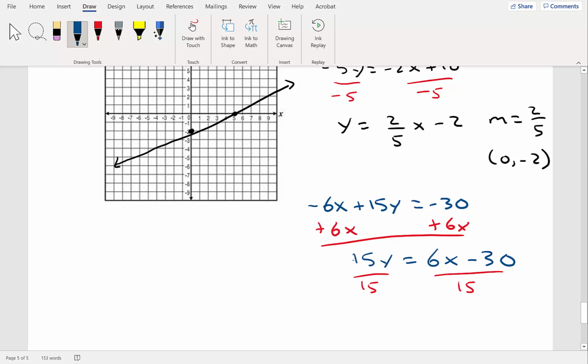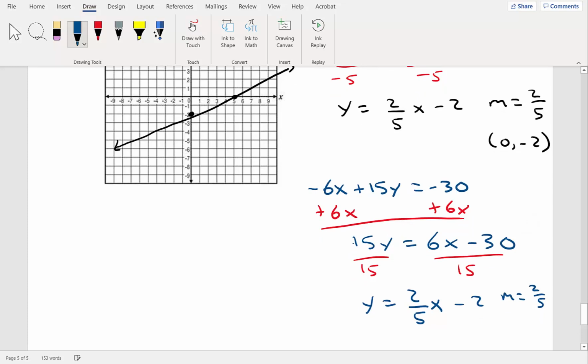So I get y is equal to, now 6x divided by 15, so 6 over 15, I could simplify that. 3 goes into both of those. I get 2 over 5x. Now -30 divided by 15 gives me -2. So now my slope here is 2/5. My y-intercept is 0, -2.